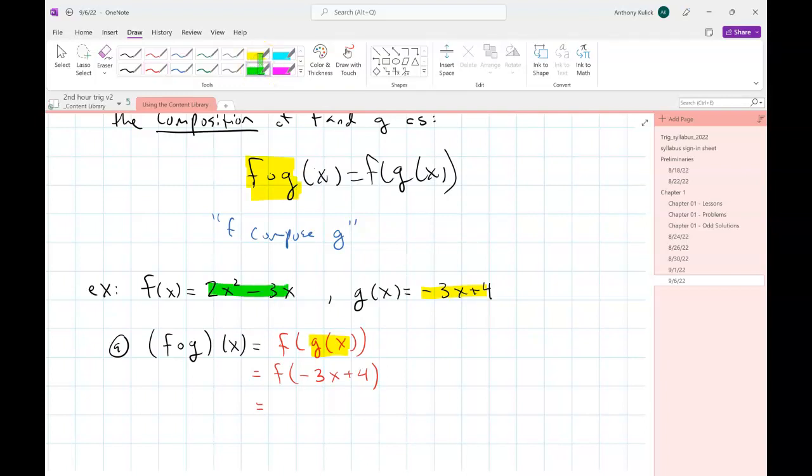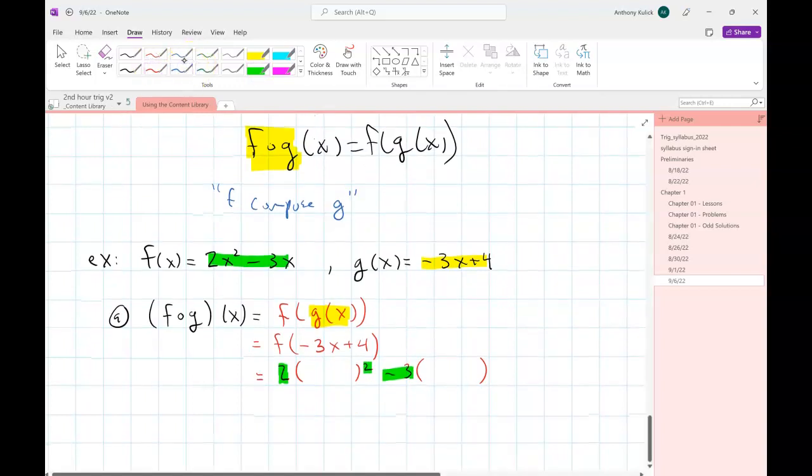So let's look at f. F is 2x squared minus 3x. So I'm going to have 2, and then wherever the x is, I'm going to have something squared, minus 3, and then whatever's in place of the x. Did you guys see that? And what are we dropping into those places? The negative 3x plus 4.